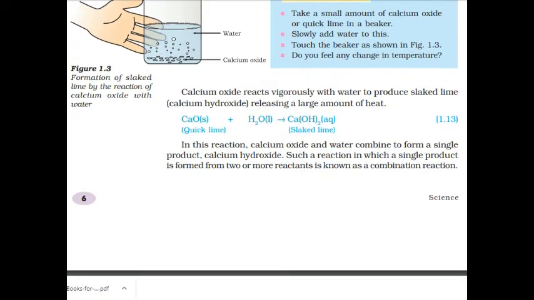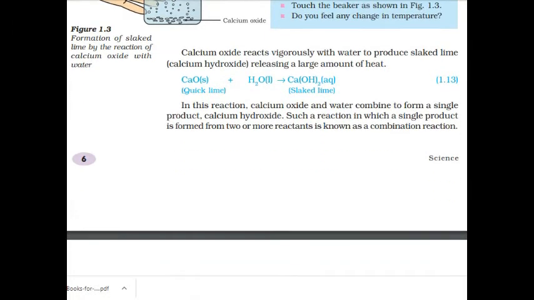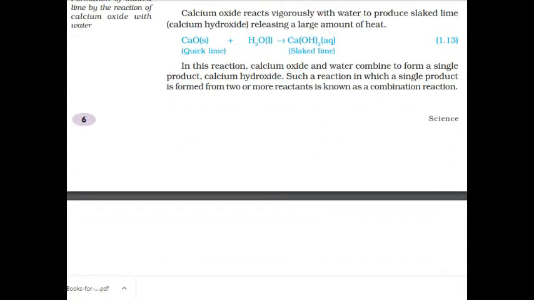In this reaction, CaO plus H2O gives Ca(OH)2. OH group means hydroxide group. Calcium oxide reacts vigorously with water to produce slaked lime, that is calcium hydroxide, releasing a large amount of heat there. So you will feel somewhat warm while the reaction is going on.